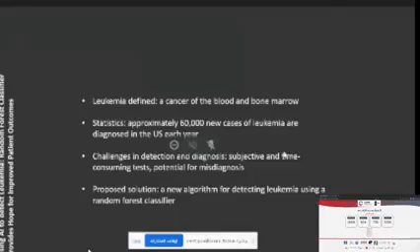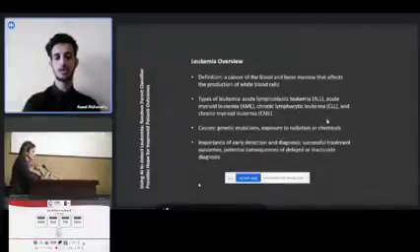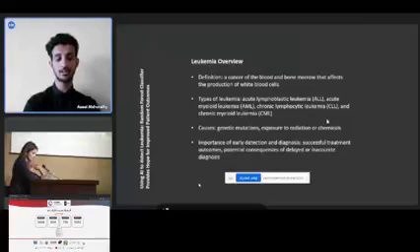Our proposed solution was a new algorithm for detecting leukemia using a random forest classifier. I'll give you more on leukemia, which is cancer of the blood and bone marrow that affects the production of white blood cells.